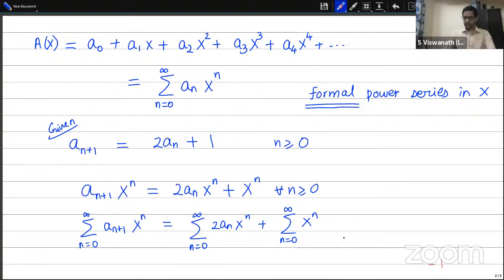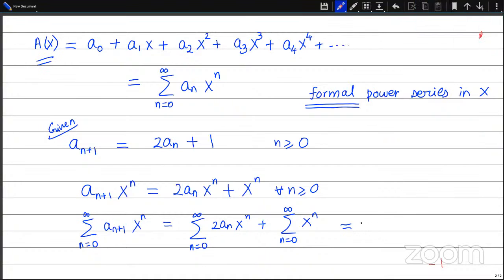Okay. Now let's look at what we have gotten. We have to look at both sides really. So let's look at the right-hand side first. The first term, summation n going from 0 to infinity of 2 a_n x to the power n, what is that in terms of this original power series A of x? Just 2 times A of x.